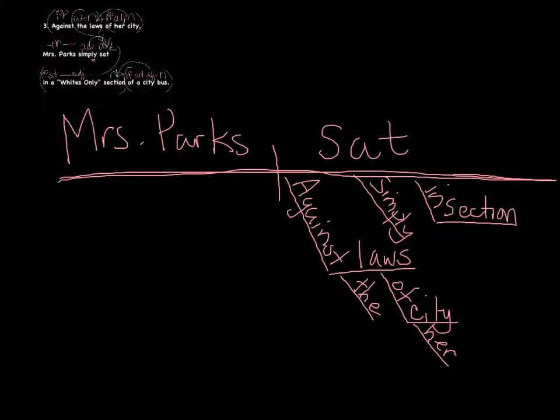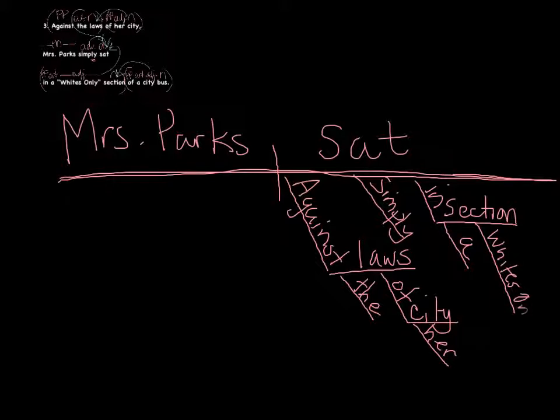And then this object of the preposition actually has 2 modifiers. It has the article a, and then it has that word whites only. Now again, that whites only is in quotations. That means that it's a direct quote and it's acting as its own unit even though it's 2 words. So I'm going to do whites only.